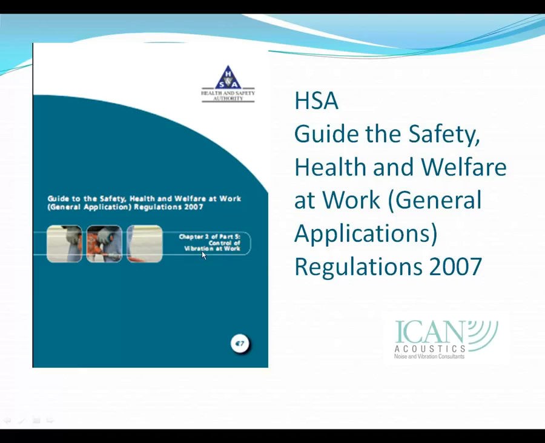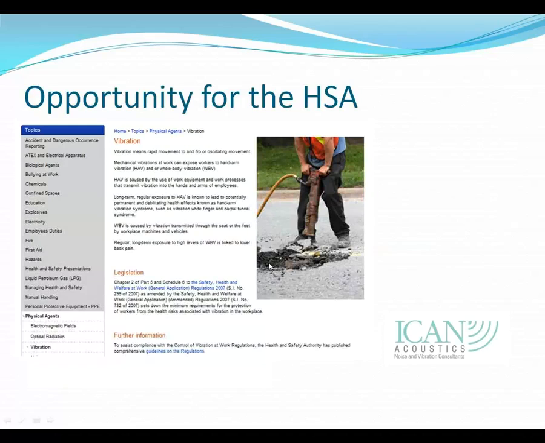That's a useful document. A good opportunity for the Health and Safety Authority here in Ireland would be to provide some more information, I think, on hand-arm vibration and whole body vibration. There is a limited amount of information available when you compare it with what's available in the UK, but that's something that I think will come in time.